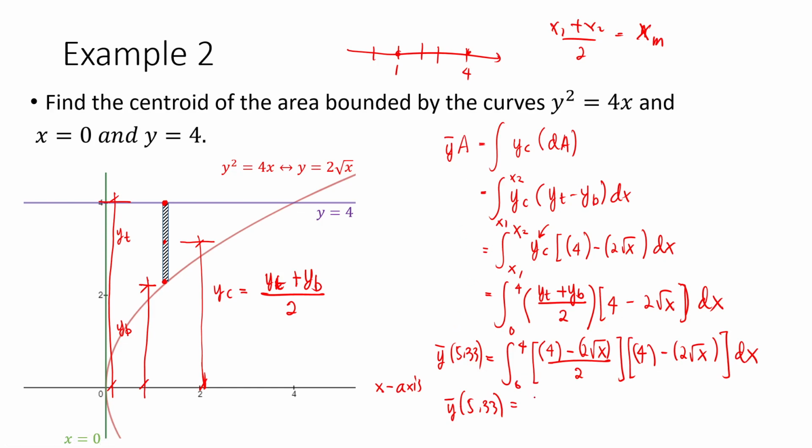Okay, so this is somewhere 15 point something, 99, then divided by 5.33. So bar y is equal to 3 units.